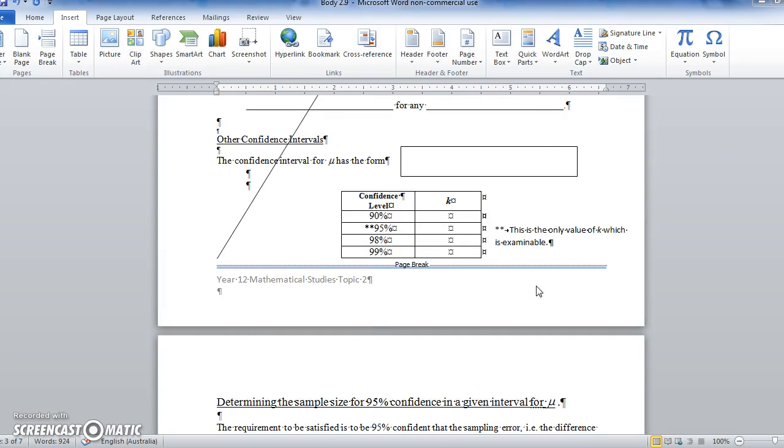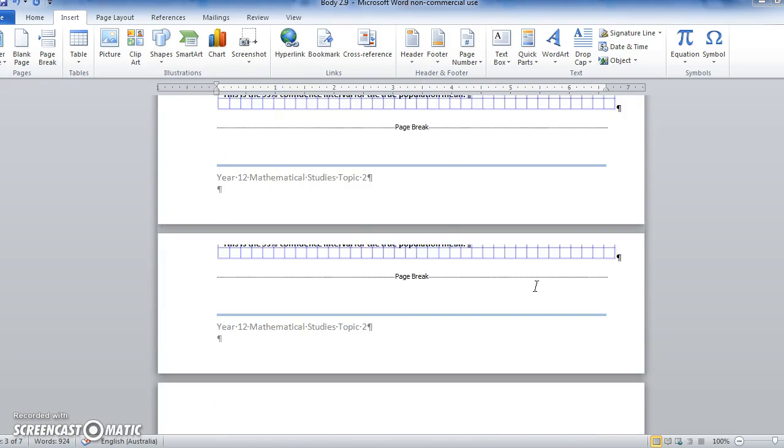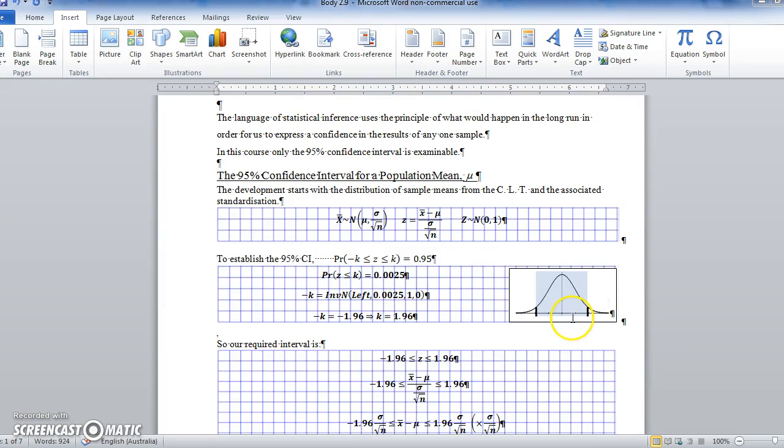But if you think about the distribution of the sample means, going back up to here, the other way we can make this distribution of sample means smaller is by increasing our sample size. So if you imagine this distribution here, and that's for a particular sample size, then if we go to a larger sample size, the distribution of our means is going to come in closer to the mean and then peter out there.